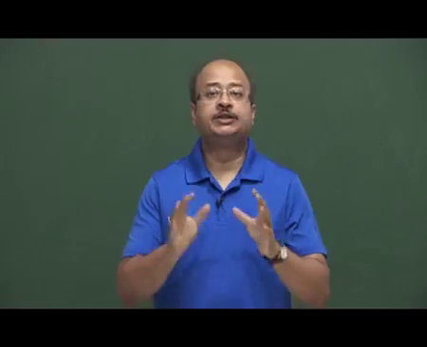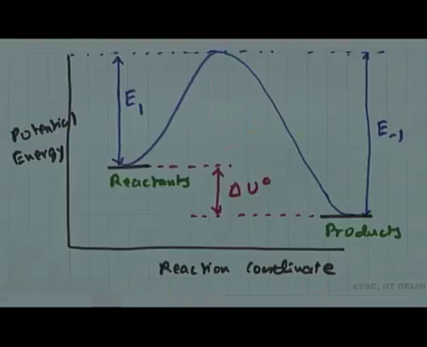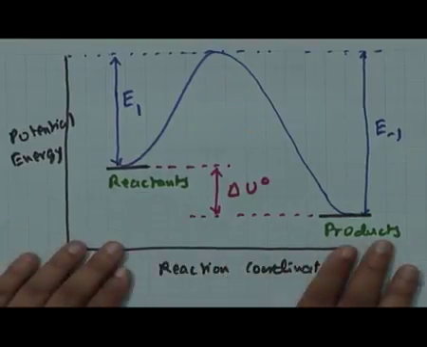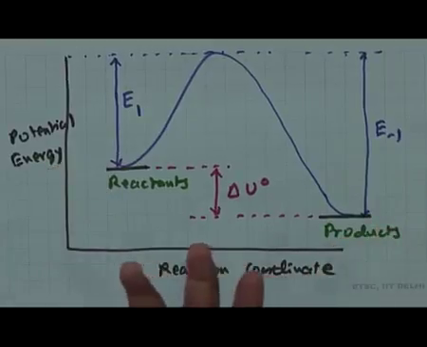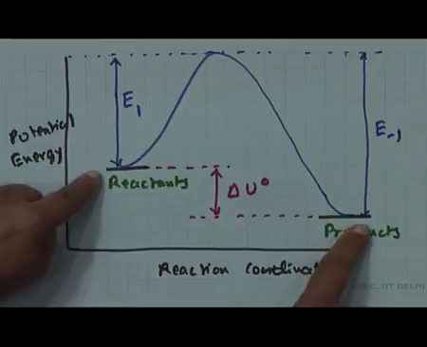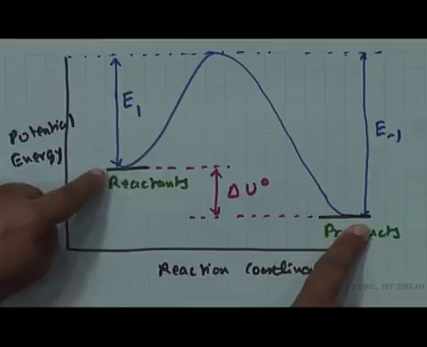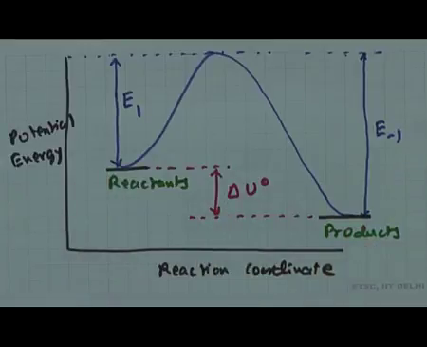What does this plot say? You have reactants, you have products. So, the relative energy levels will depend upon what type of reaction you are looking at, right. The difference between the potential energy of the reactant and the potential energy of the product is equal to your change in internal energy, the standard internal energy.